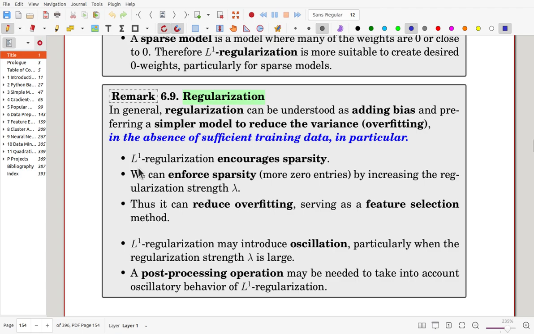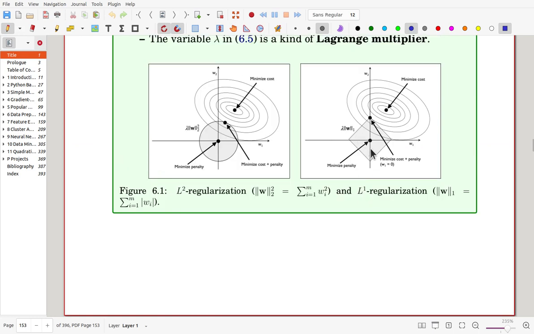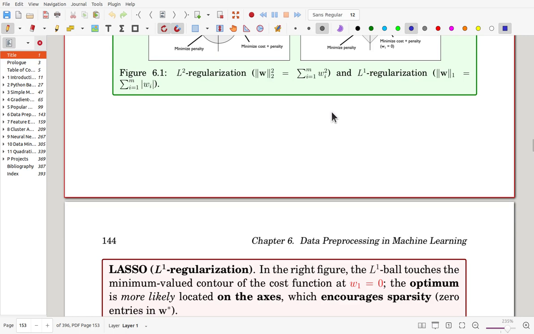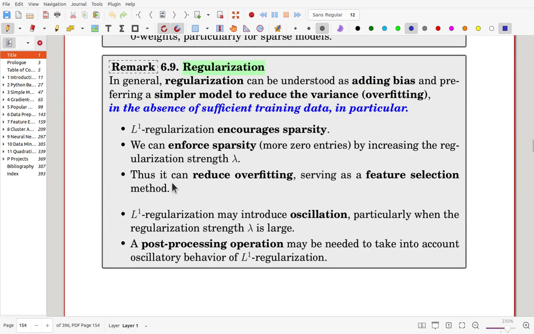L1 regularization encourages sparsity, as you can see in this picture, where W1 must be 0. That means that the first feature column is ignored, so it's eliminated. Right? And we can enforce sparsity by increasing the regularization strength lambda. We already considered that.